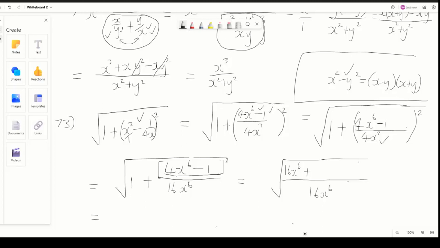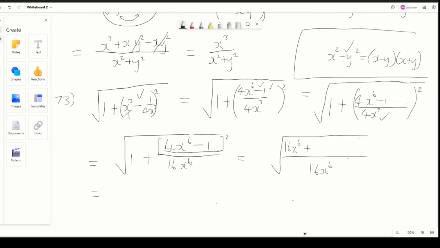Not belaboring this too much. Let's see. Okay. So I'm multiplying this out now. Yeah, I'm squaring this now. Okay, so currently I have to write it here. So 4x to the 6 times 4x to the 6 is 16x to the 12.